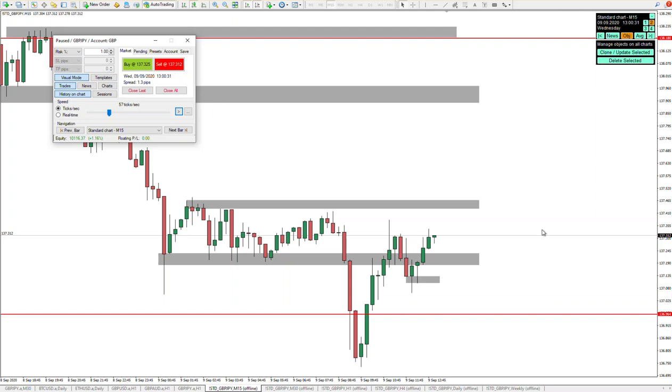So, did not happen yet. And M15 is bullish, but closed below this resistance.